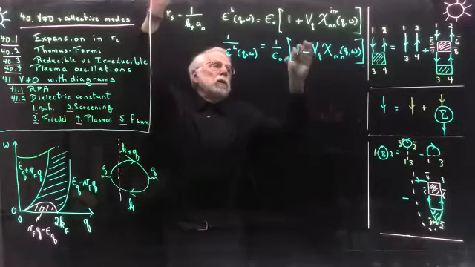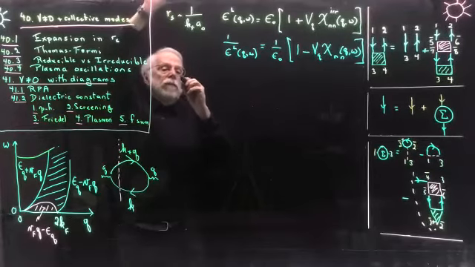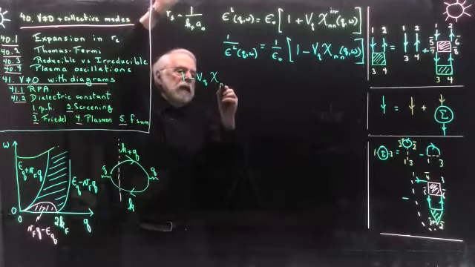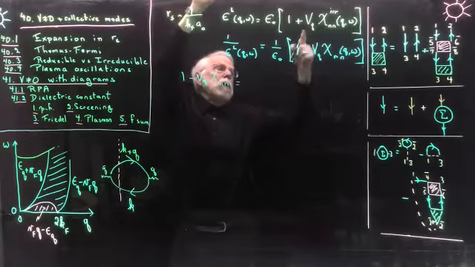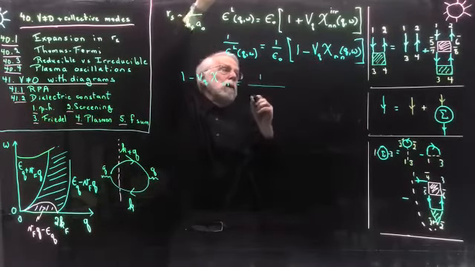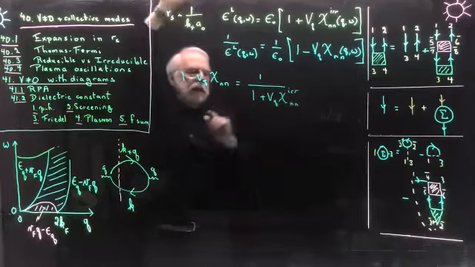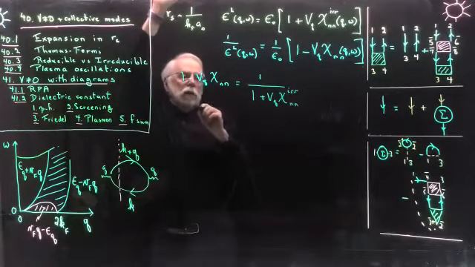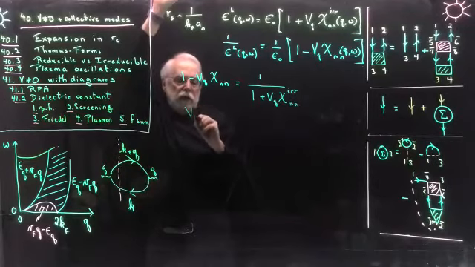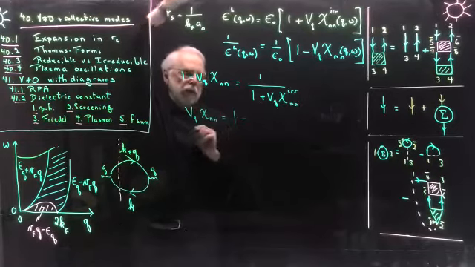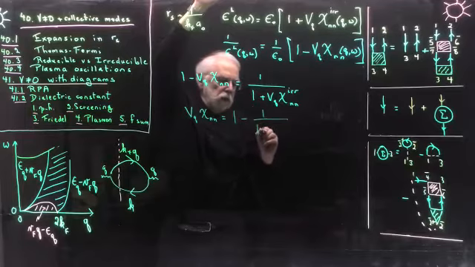So if I equate these two things, you see that I have 1 minus V(Q) chi n is equal to 1 over 1 plus V(Q) times chi irreducible n. So it's a function of Q and omega for sure. So it means that V(Q) chi n is equal to 1 minus 1 over 1 plus V(Q) chi irreducible n.